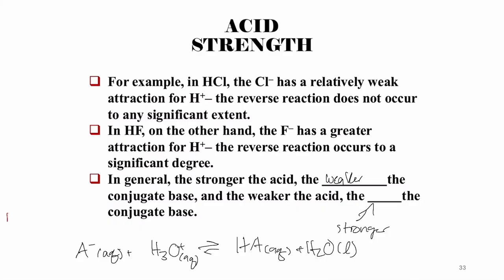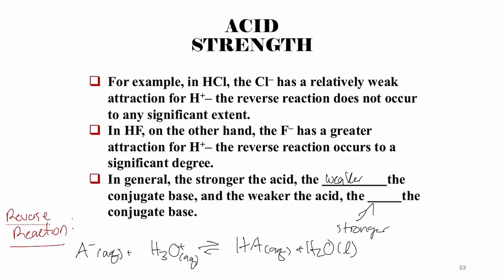Because this is the reverse reaction here. What is A minus acting like? What is it doing? It's acting as a base, because it's a proton acceptor. It's taking a proton from hydronium in this solution.